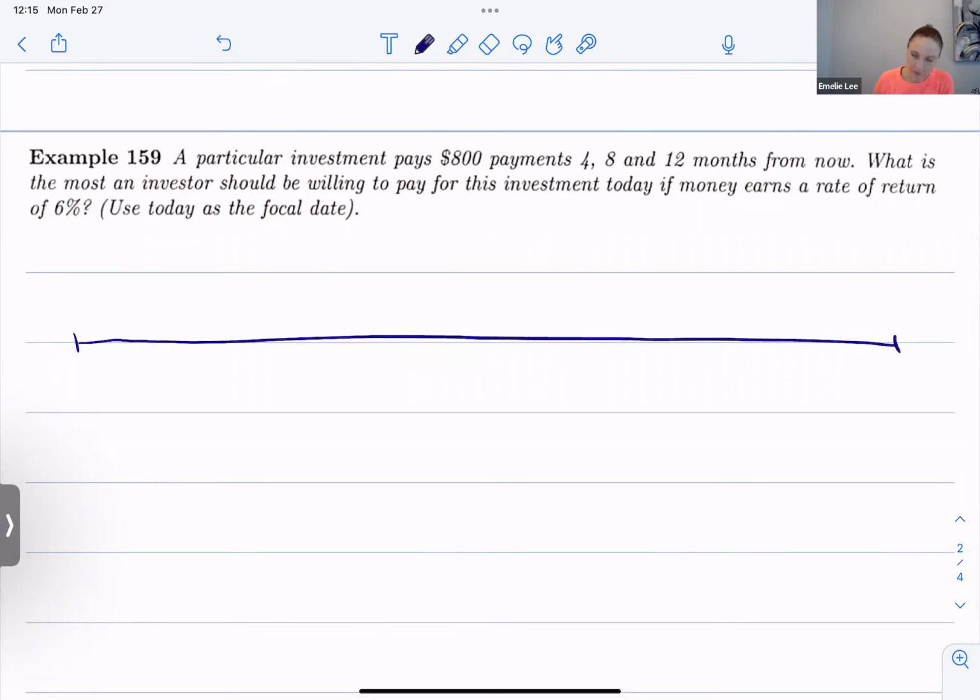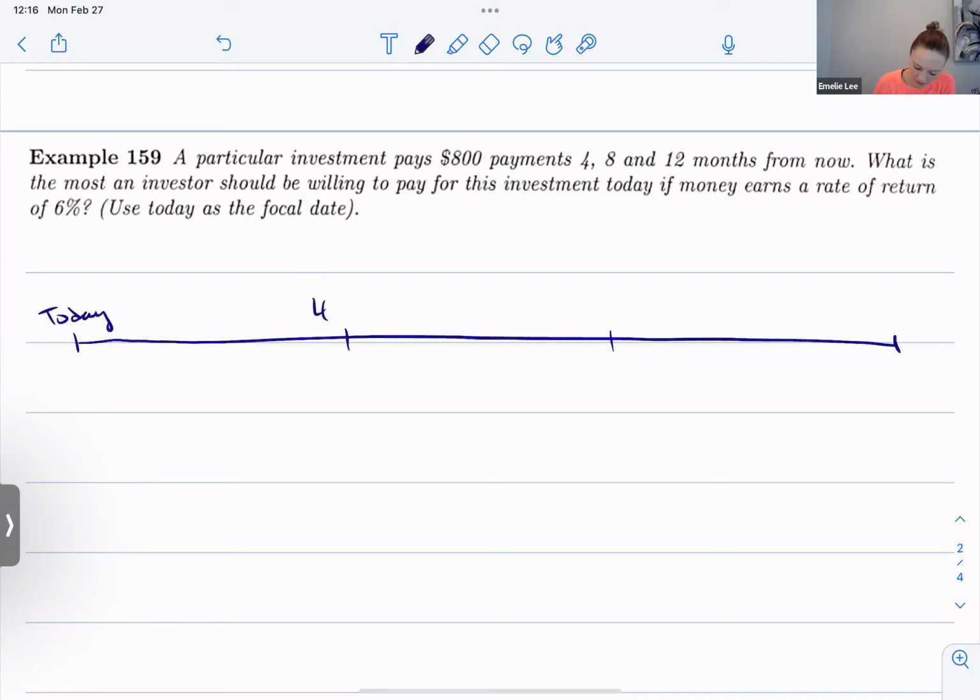Okay. So I need 4 ticks on here, which means I have 2. And so I'm just gonna throw down 2 more, and now I have 4. Okay. And so now I'm gonna say, okay, well, here's today. 4 months, 8 months, and 12 months from today.